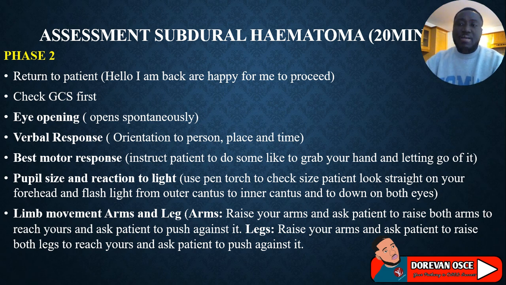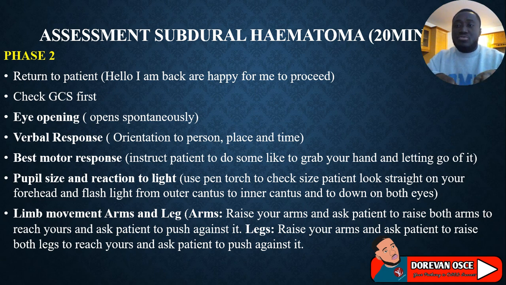If there is power, you give a score, let's say if there's normal power in the right and the left arms. Then you move to the lower limbs and do the same. You raise your arms and ask the patient to lift the legs to the level of your arms.